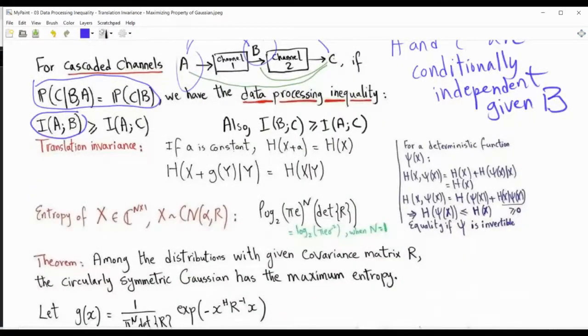Something else that is very nice, and I am writing here things in terms of big H, but it's also applicable to differential entropy, is called translation invariance. It tells you that if you take a random variable and shift it, so you take the values of a random variable and just add a constant, the entropy is the same.